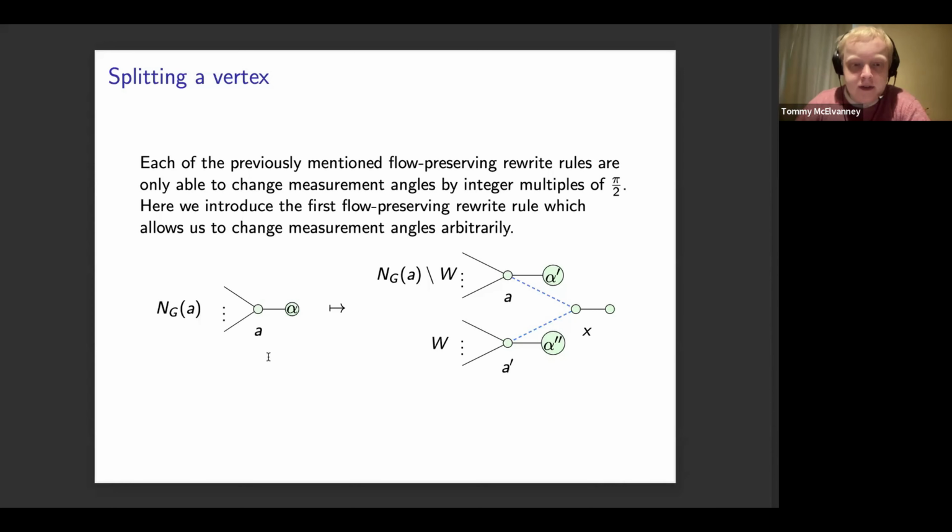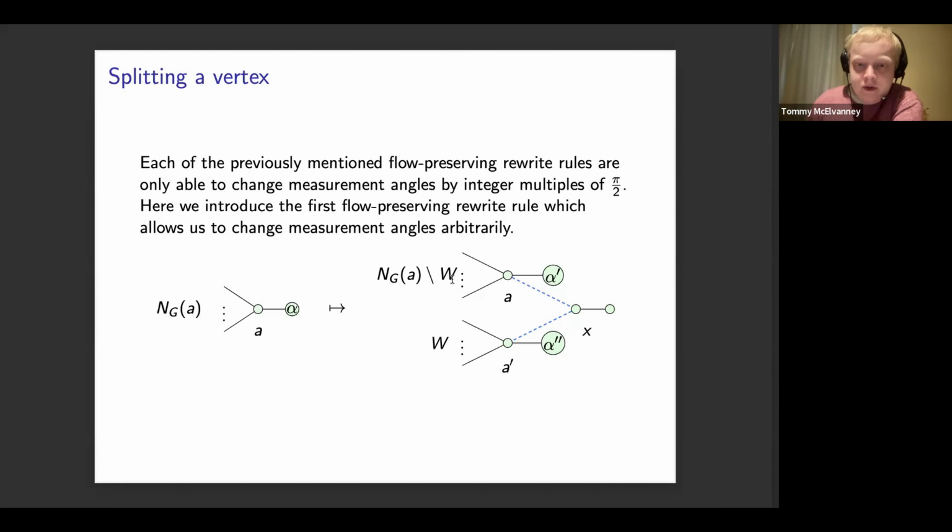But the idea is, given some vertex, we can split off any of its neighbors and any of its phase onto another vertex A prime, and this preserves Pauli flow. So the idea with this preserving Pauli flow is that as A is XY measured, it must have an odd number of neighbors in its correction set.